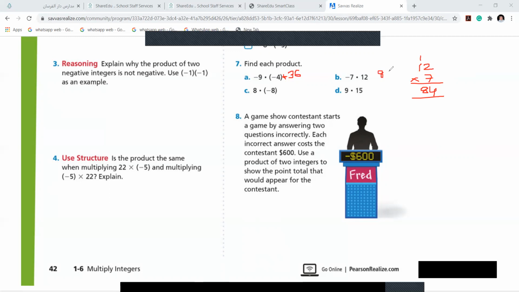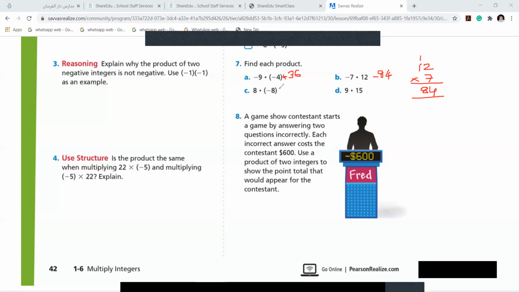I put 84 here. Tell me what sign it has to be here. Minus, very good. Because opposite signs, you will just put minus. You will not take the value of the bigger number. You will just see opposite and you will put minus.